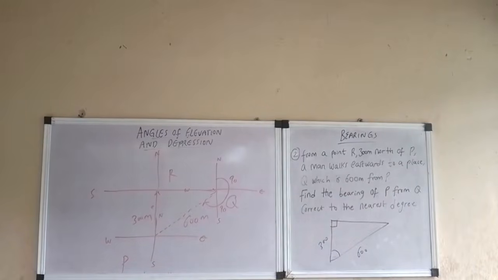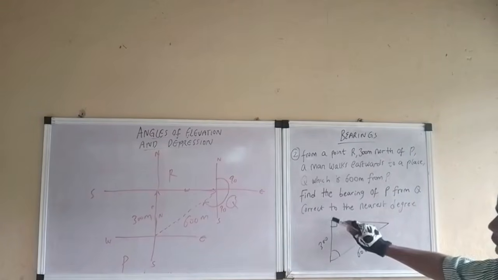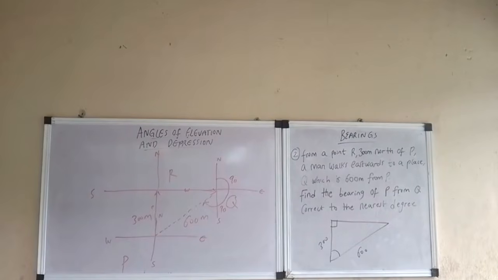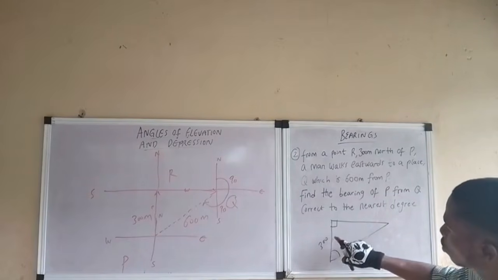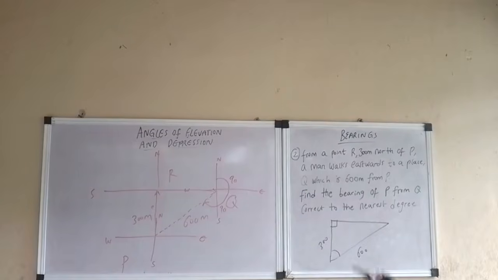So if you know this position, you have gotten this other position. Do you understand? We can do that by applying our SOHCAHTOA. This is the adjacent of the triangle, and this is the hypotenuse. Where the angle in question and angle 90 lies is the adjacent. Where angle 90 is pointing towards is the hypotenuse. So we are dealing with adjacent and hypotenuse.